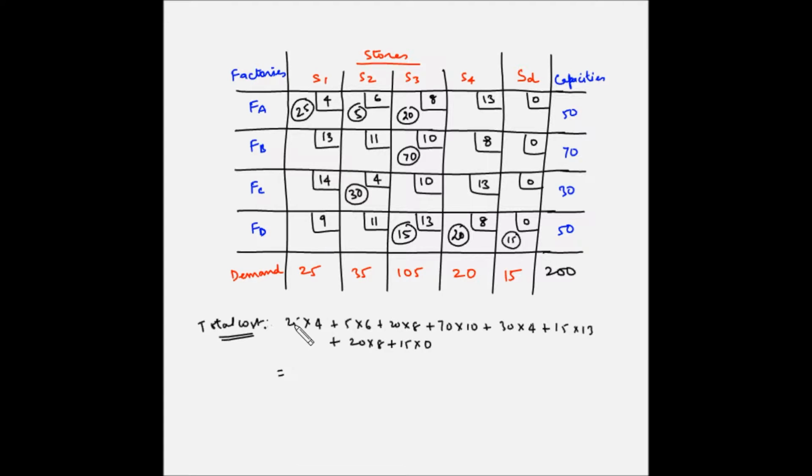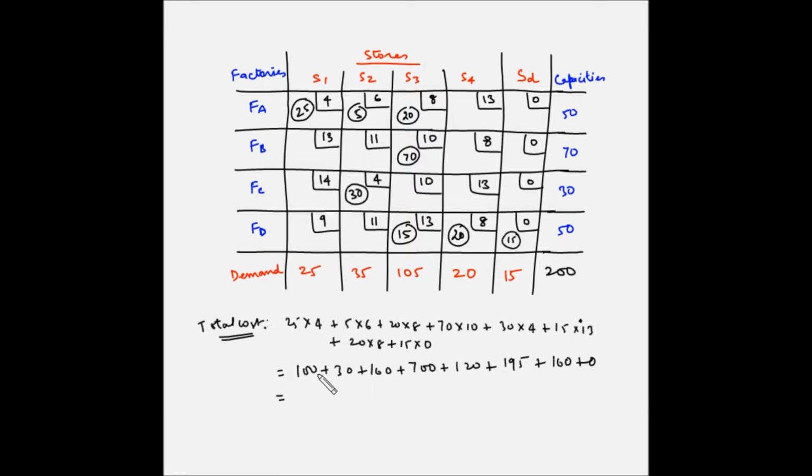So this is equal to 25 multiplied by 4 is 100 plus 30 plus 160 plus 700 plus 120 plus 195 plus 160 plus 0.